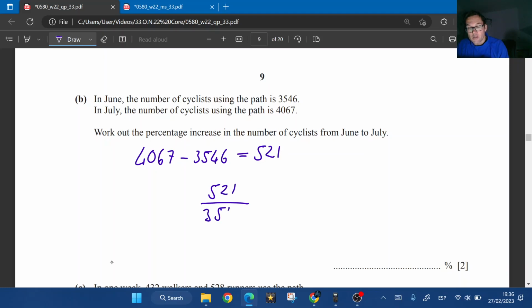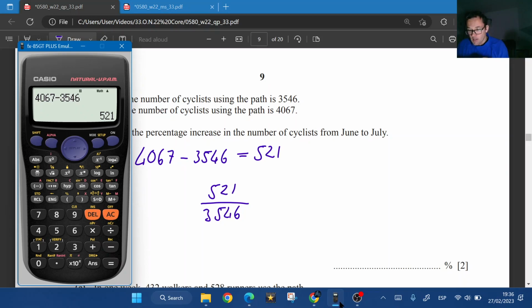Alright, so then we write it as a fraction out of the original amount. There's always the original amount that was first. Okay, and if we put that in, we can just divide that by 3,546. That gives us the decimal value. So we times it by 100.